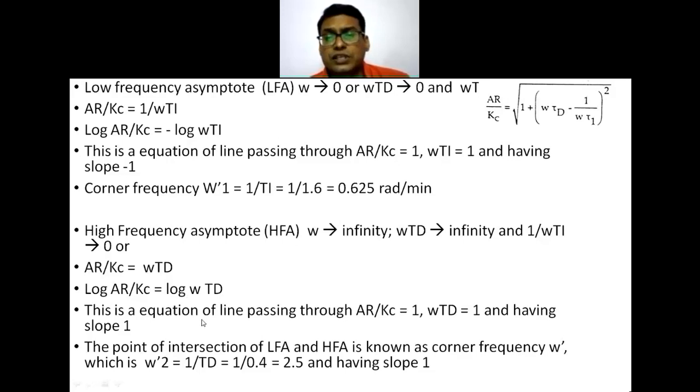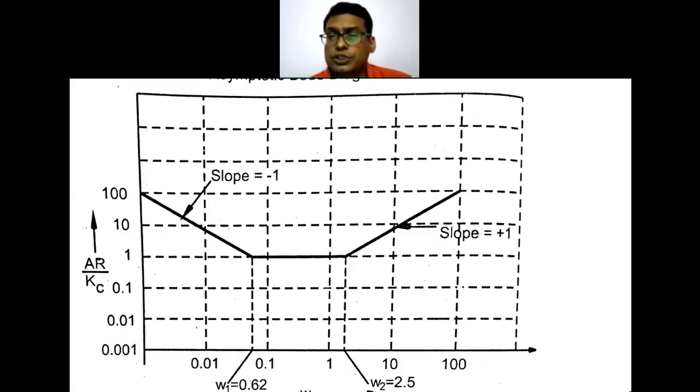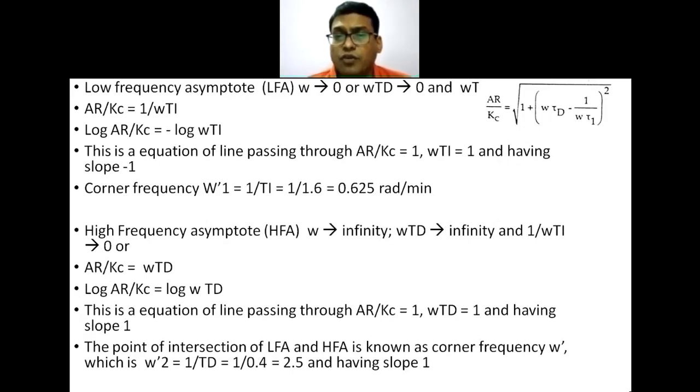So this is the equation of a line passing through omega tau d equal to 1 with a positive slope. So this is the positive slope which will be there. Now where these lines are to be plotted, that also we will see.